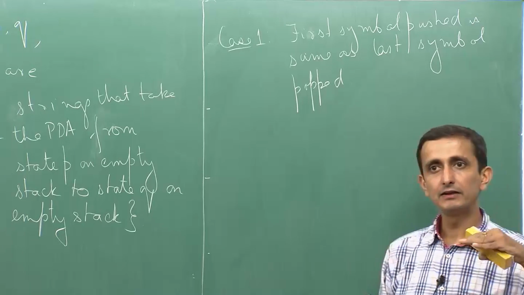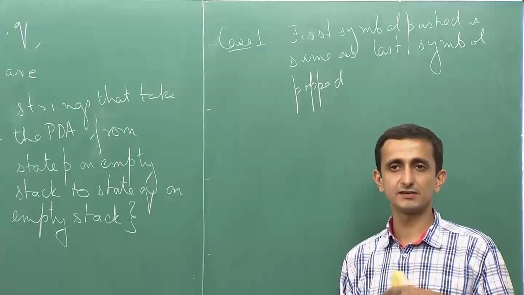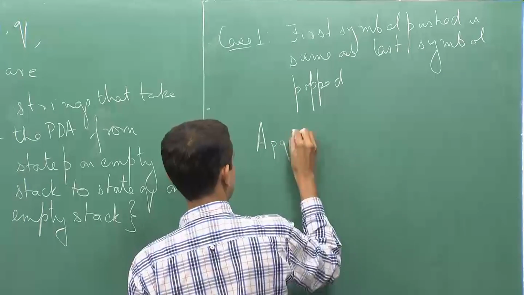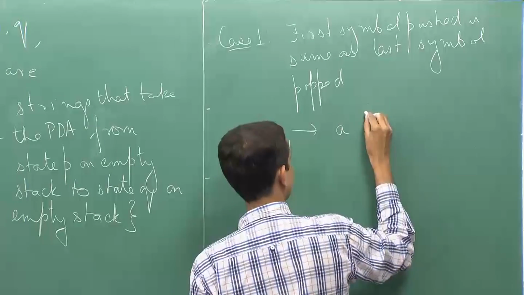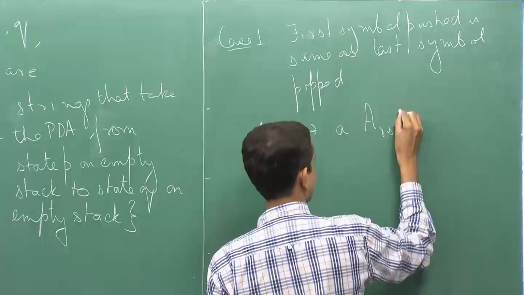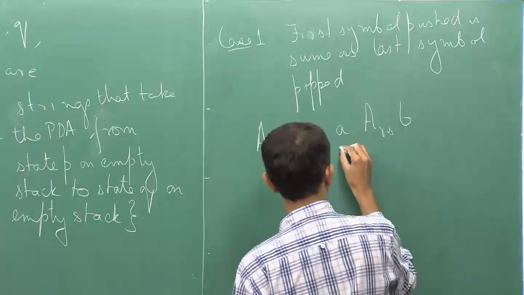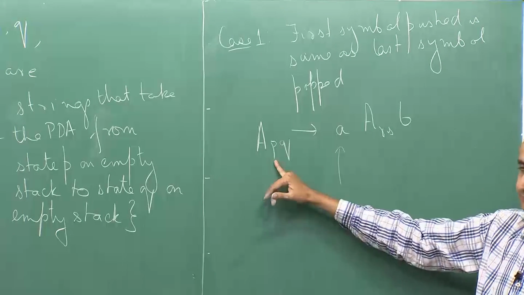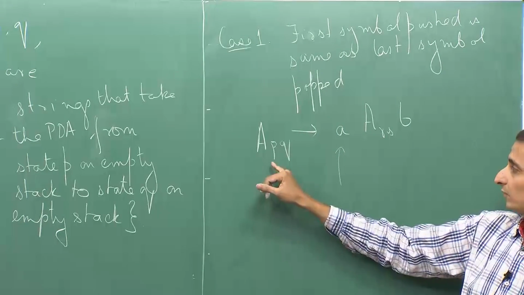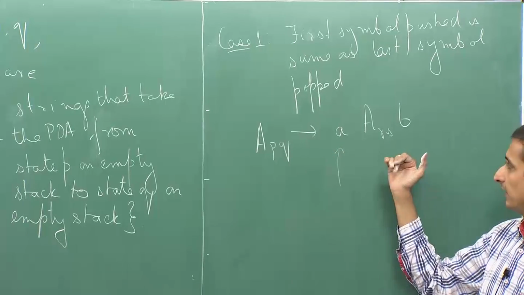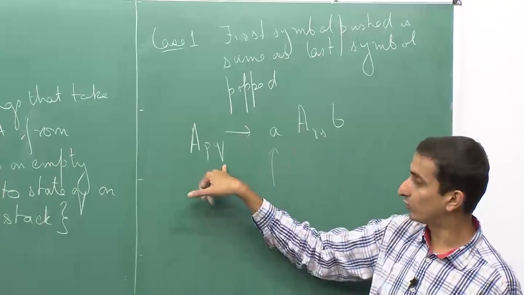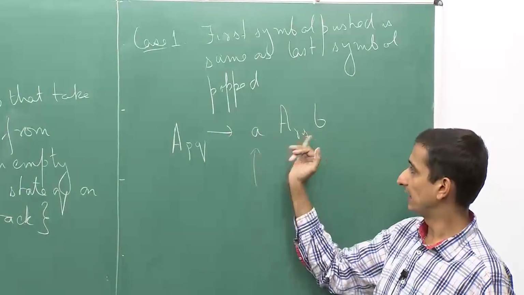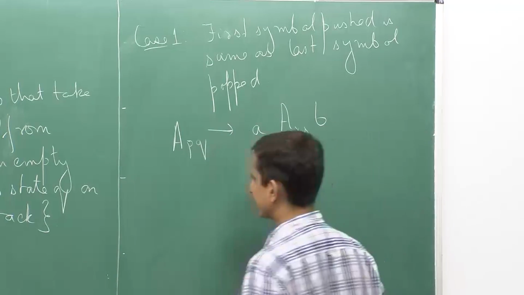Okay. So, if I look at the stack, the first symbol pushed is the same as the last symbol popped. So, in this case we add a rule of the form A P Q goes to small a A R S small b, okay, where a is the first input symbol that is read going from P. R is the next state that we go to when going from P. S is the state from where we go to Q, and b is the last input symbol that is read when going from S to Q. Okay. This is case 1.